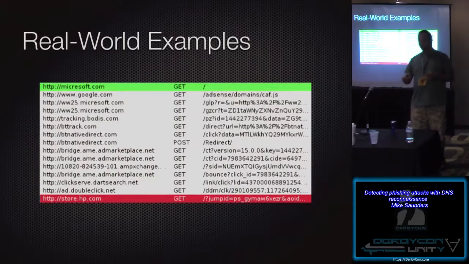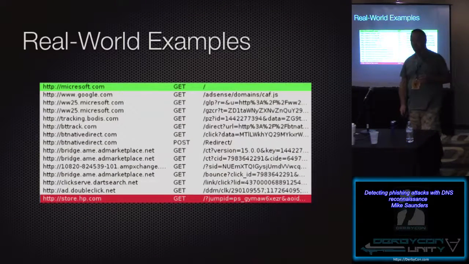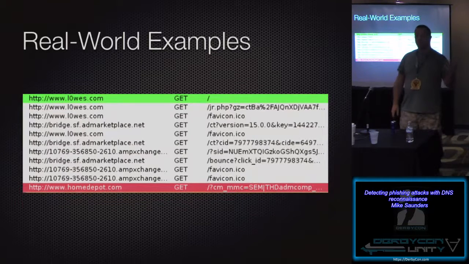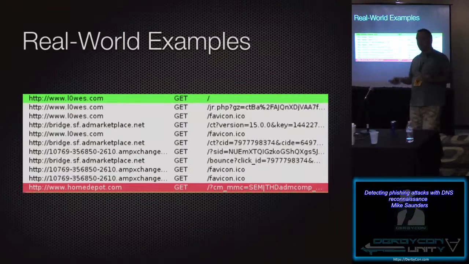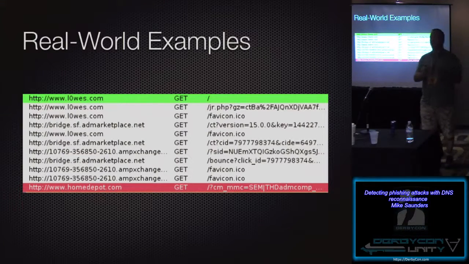In the case of Microsoft, I went to Microsoft, and I ended up at store.hp.com after bouncing through a bunch of advertising networks. In the case of Lowe's with a 0, I ended up at Home Depot after bouncing through advertising networks. Now, these are your traditional kinds of typosquatting.